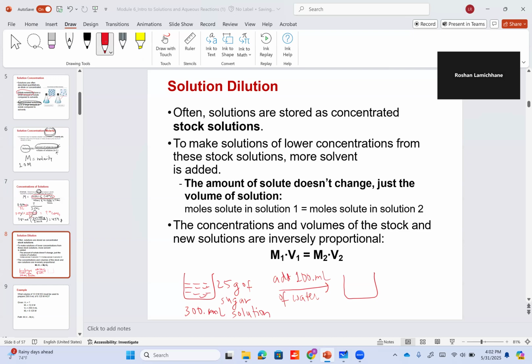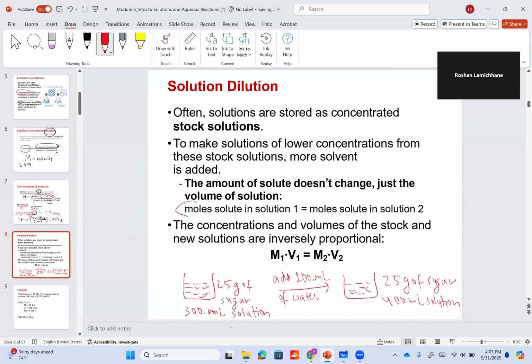Now, what happens in my resulting solution? When I add 100 ml of water, the amount of sugar doesn't change, right? The 25 grams of sugar is still the same, right? But I have diluted it by adding more water, because now my volume of solution is going to be 400 ml solution, meaning that the number of moles of sugar does not change, right?